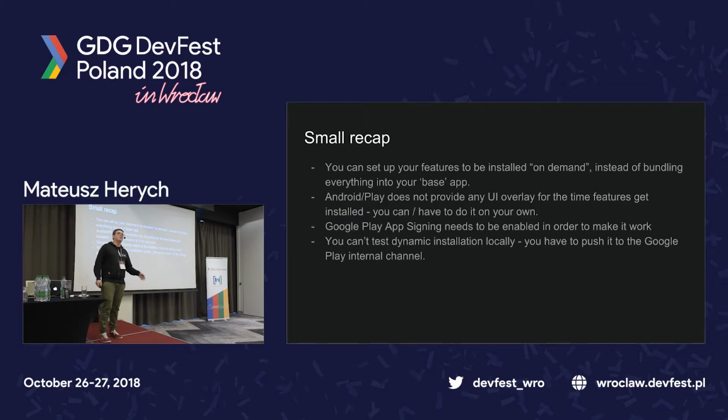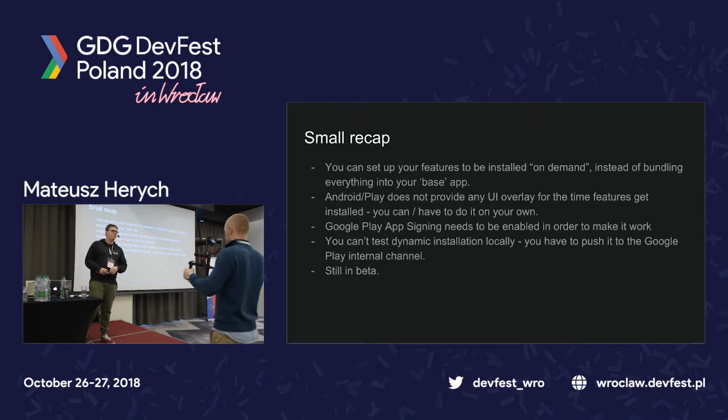App bundles themselves can be tested. You can build this kind of structure with those dynamic feature modules and see if they work. Disable some of them, enable some of them, but you cannot install them. In order to install them and test the installation experience, you will need a Google Play developer account. Still in beta, okay? Don't use dynamic feature modules in production just yet.